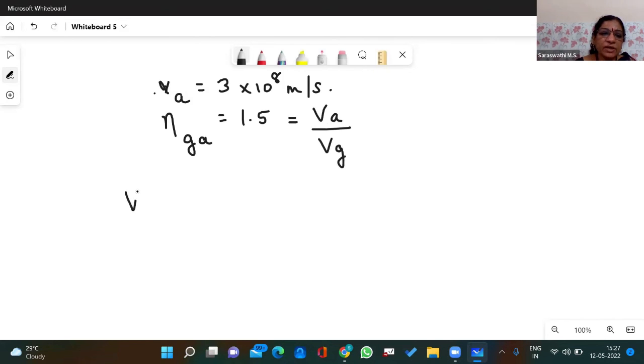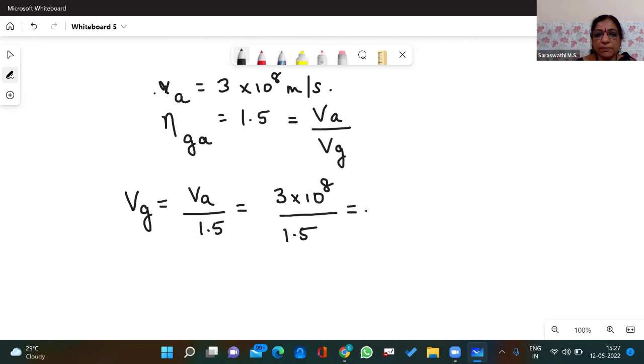So the velocity of light in glass will be equal to velocity of light in air by 1.5, which will give you 3 into 10 to the power 8 divided by 1.5, which is nothing but 2 into 10 to the power 8 meter per second, right? So you have found the velocity of light in glass.